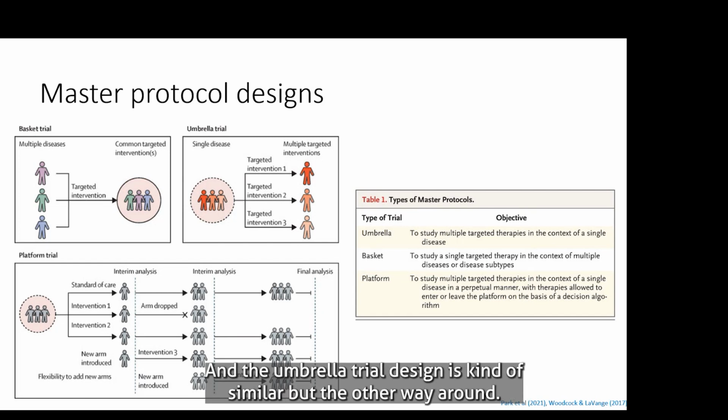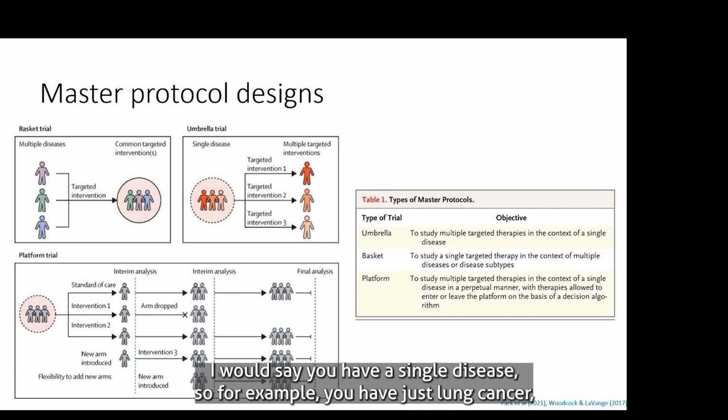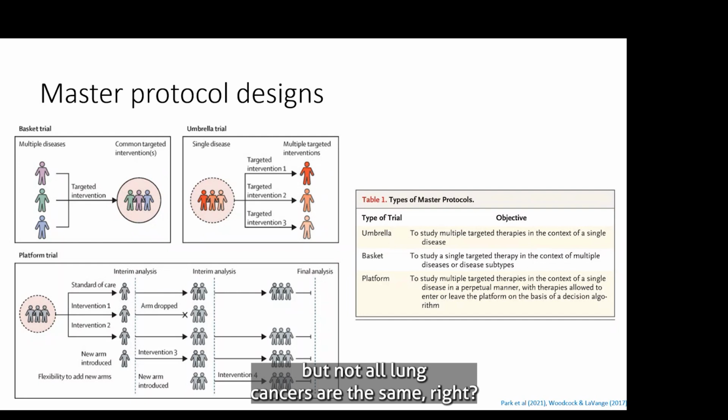And the umbrella trial design is kind of similar, but the other way around. So it's kind of the inverse basket design, I would say. You have a single disease. So for example, you have just lung cancer, but not all lung cancers are the same, right? So the same drug will not work for all lung cancer.